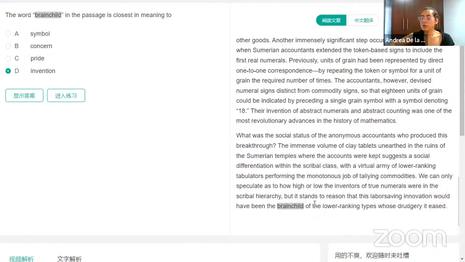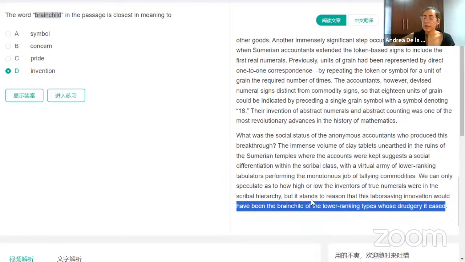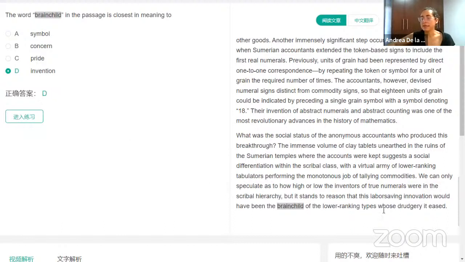Creo que la invención, ¿no? Fue la invención de las personas de clase social baja a quienes les facilitó su trabajo tan duro, ¿no? Entonces, ellos lo inventaron para facilitarse el trabajo. Entonces, tiene sentido, ¿no? The invention of the lower ranking types was drudgery it is. Entonces, de quienes cesó el trabajo, ahorró el trabajo.